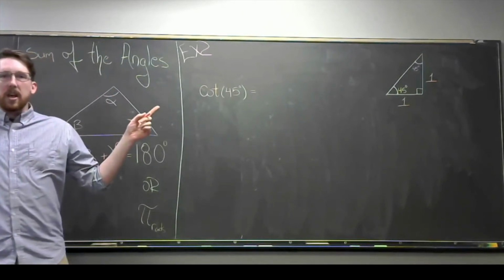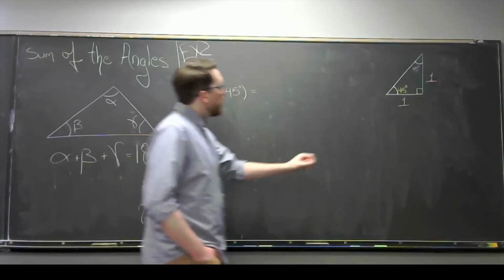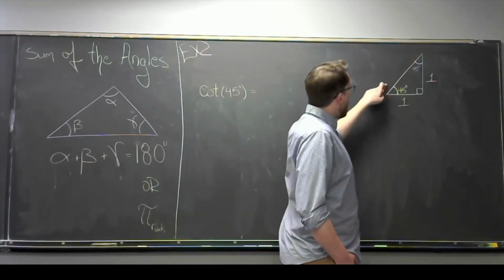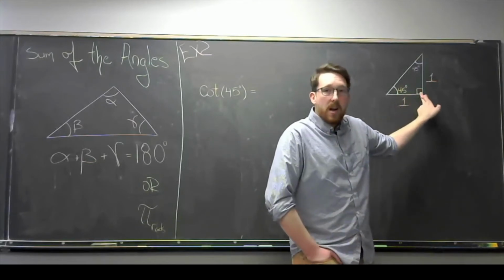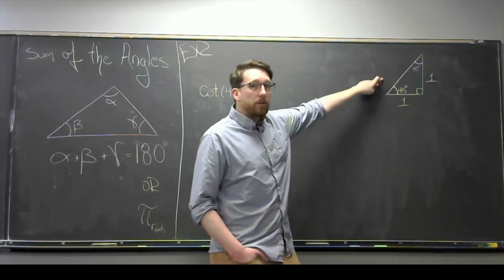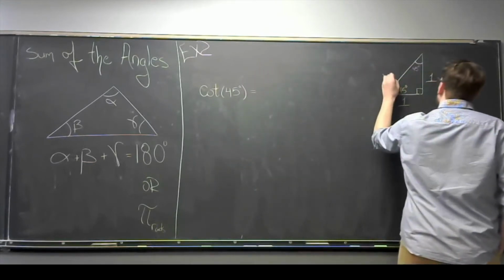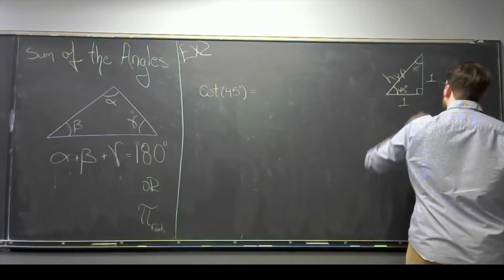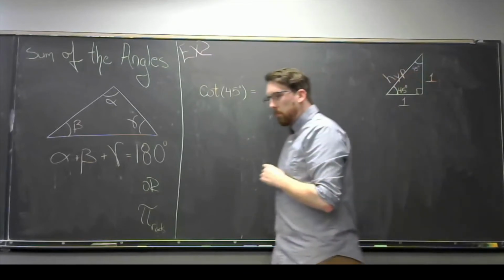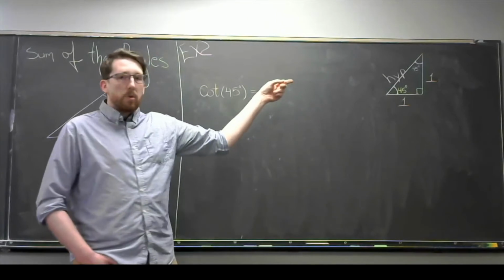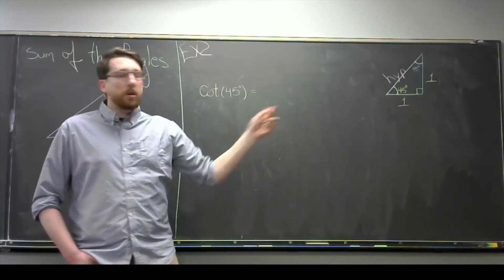Well, if that's the case, given that this side is opposite our right angle, it must be our hypotenuse. So let's write that in, hypotenuse. And it must have a length of the square root of 1 squared plus 1 squared, right?